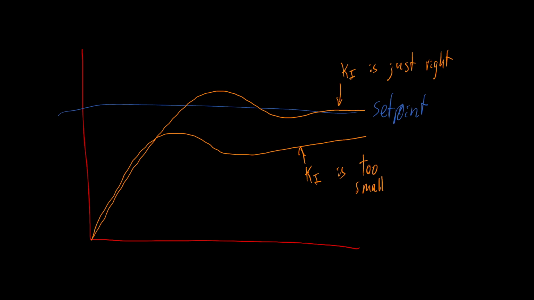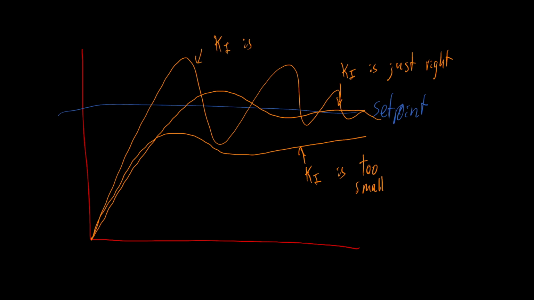And then, as you can expect, if Ki is too big, you have an unstable system and it starts oscillating violently, and it may not actually settle properly either. Just remember that Ki is typically used for correcting steady state errors. The offset caused by Kp is a steady state error and Ki is used to correct it.